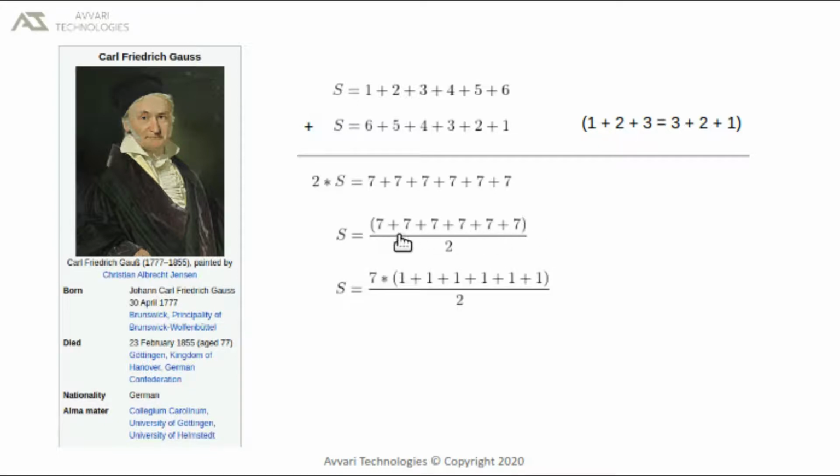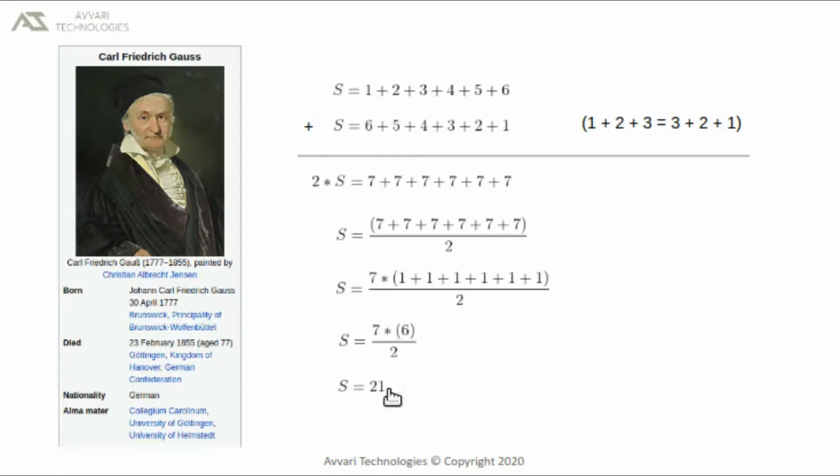Since 7 is common in the numerator, we can take out 7 as a common factor, and we add 1 plus 1 plus 1 plus 1 plus 1 plus 1, which is 6. So 7 times 6 divided by 2. If we perform this, we get S is equal to 21. The sum of the first 6 numbers is 21.